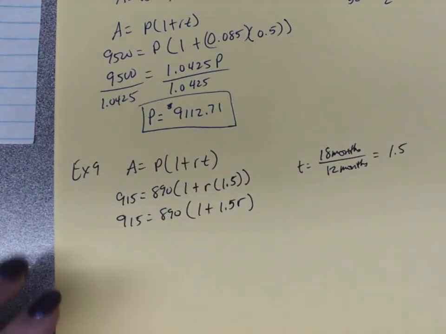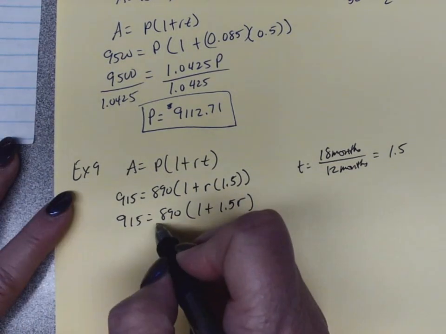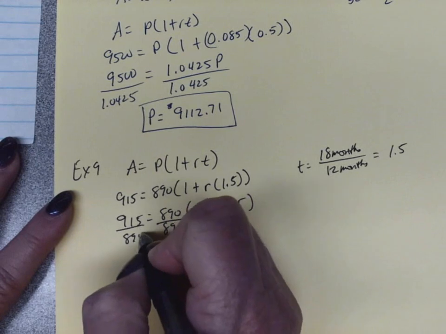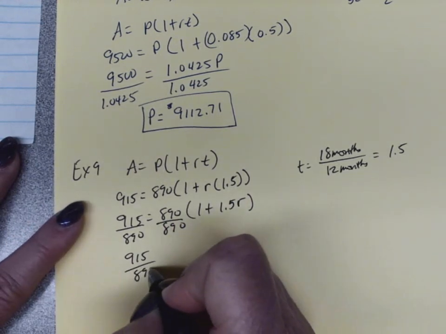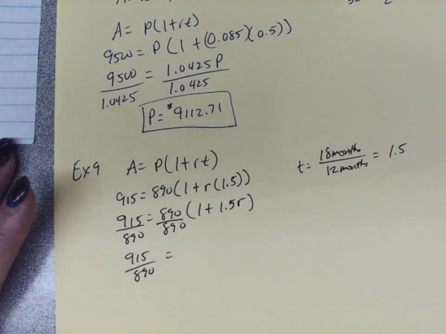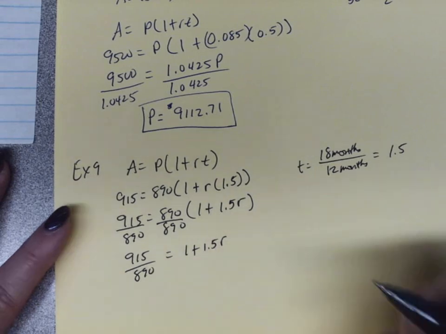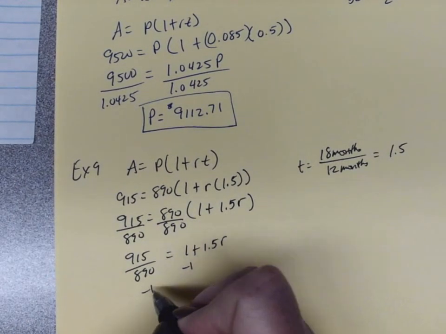All right. I don't really want to distribute the 890. I can actually divide both sides by the 890. So I get 915 divided by 890 equals our 1 plus 1.5 R. Then I'm going to subtract 1 from both sides.